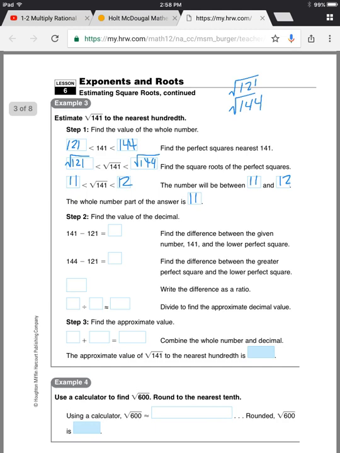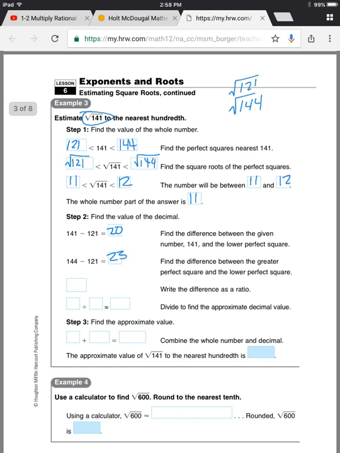So we take our original 141 and we subtract the lower perfect square from it. So 141 minus 121 is 20. Okay, and then we take the higher and subtract the lower perfect squares, and we get 23.